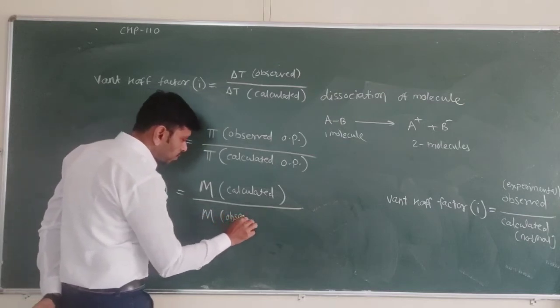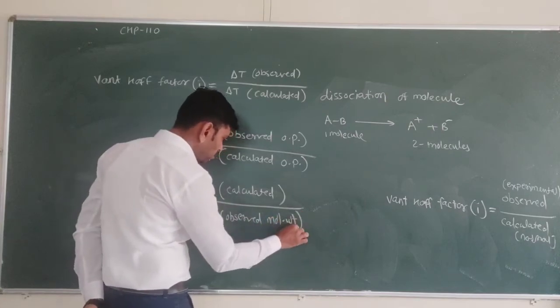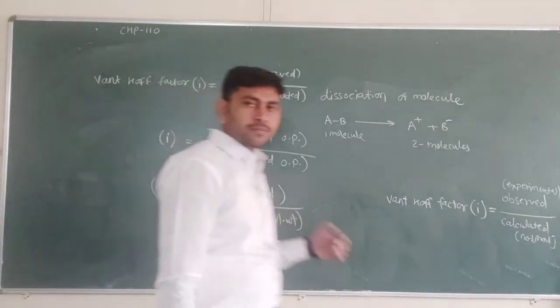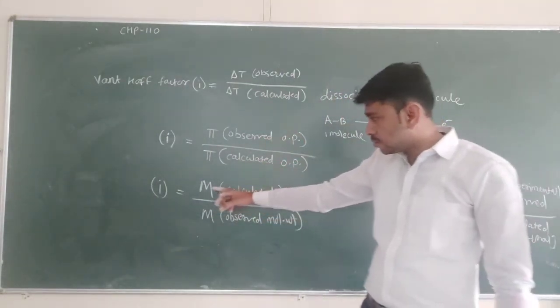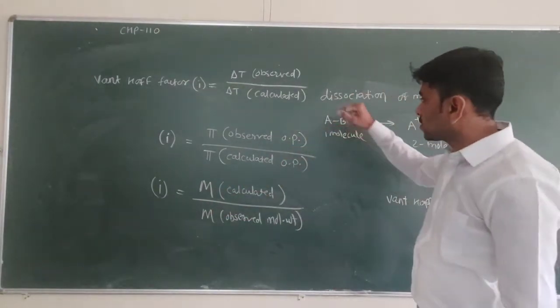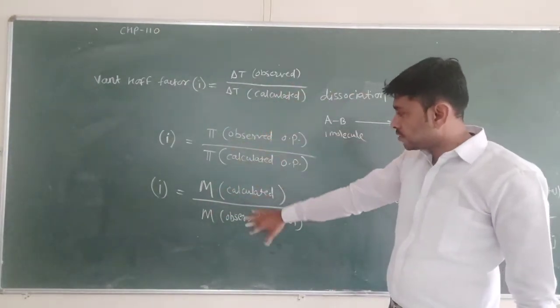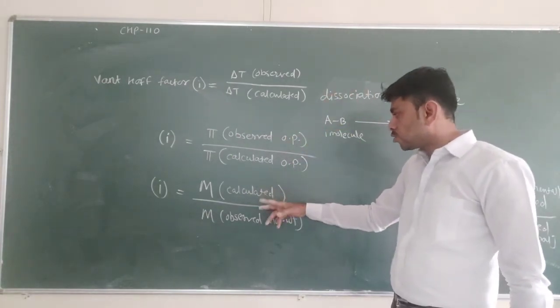So these property changes the observed molecular weight. The observed molecular weight ratio changes, it's a reciprocal, because the colligative properties are inversely proportional with the molecular mass. If these are inversely proportional, then the ratio changes.